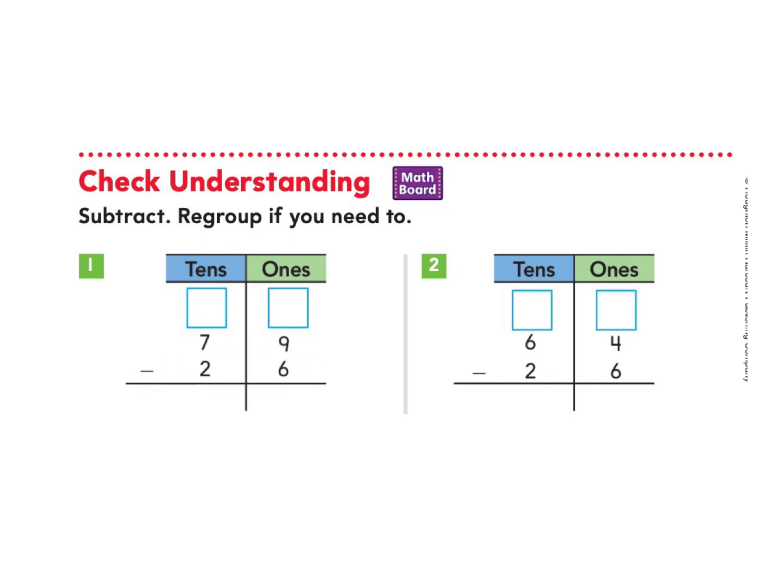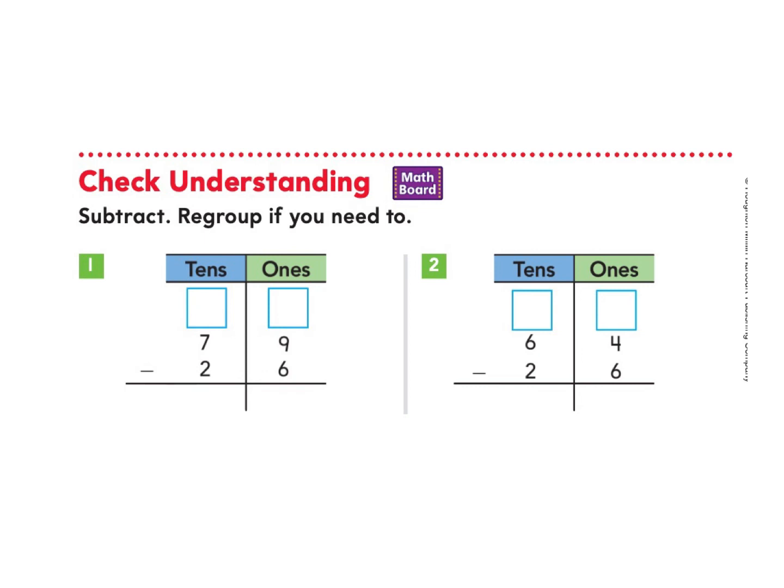Okay, so we start by looking in the ones column. We have 9 take away 6. Well, 9 is a big number and we can take 6 away. So do we need to regroup? No, we don't. We can go ahead and subtract 6 from 9.